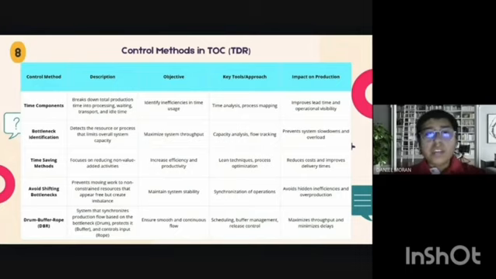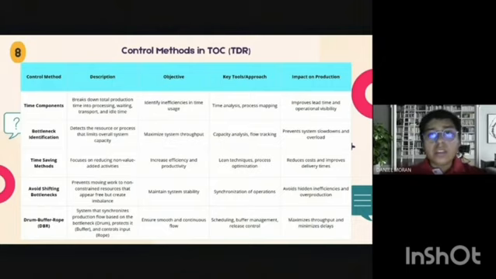We start by analyzing the time components, breaking down total production time into processing, waiting, and idle time to identify inefficiencies. The core of this theory is bottleneck identification.